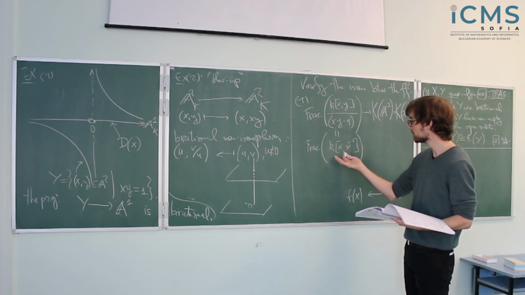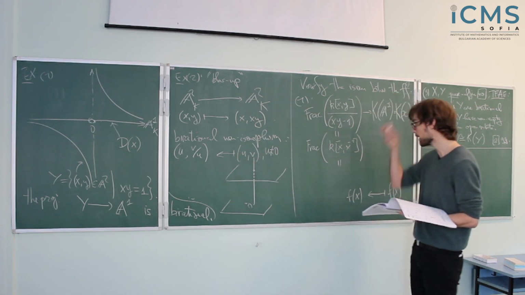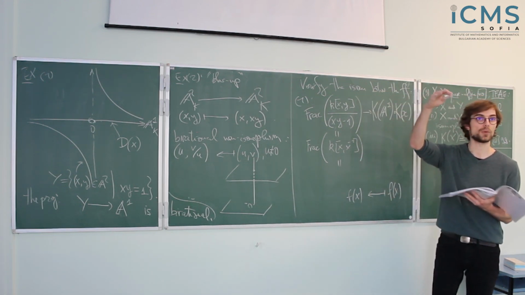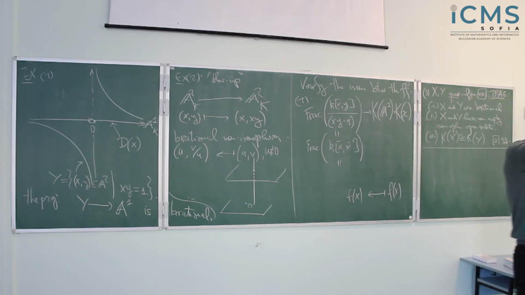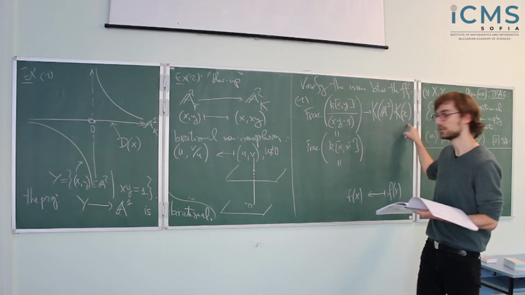And these are the normal polynomials, but if you take their fraction field, you will have fractions of two Laurent polynomials, but you can just multiply the denominator and numerator by x to a high enough power, and you obtain something here again.